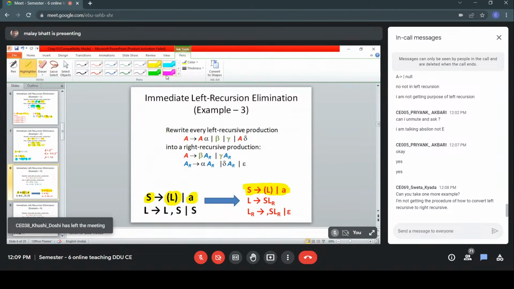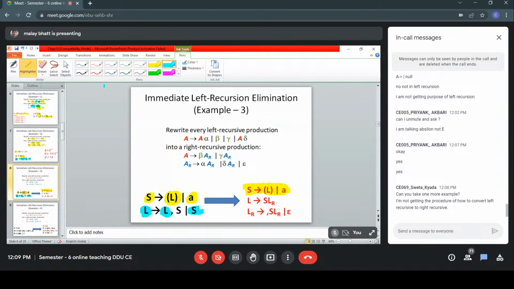Now, when we talk about the second rule, we have L gives L, comma, S. You can see the leftmost symbol on the right side is the same as the non-terminal L. So we have a left recursion here.